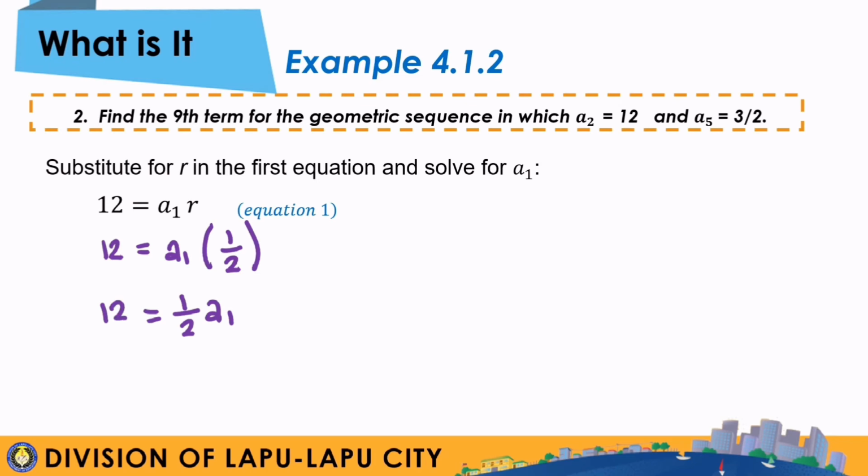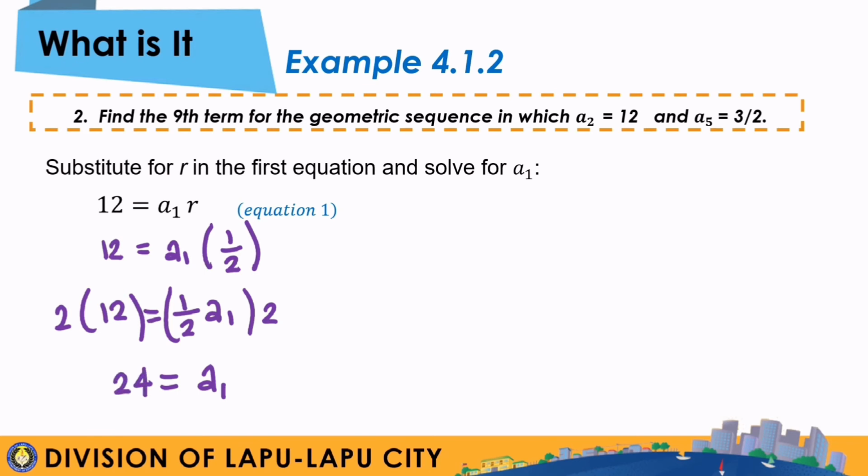Then you copy 12. To solve for the first term, since we have here 1/2, we can actually multiply both sides by 2 to eliminate 1/2 here on the right side. So that becomes 1 times 2 is 2 divided by 2 is 1. We have imaginary 1. Or we can also not write, just copy the variable a sub 1. 2 times 12 is 24.